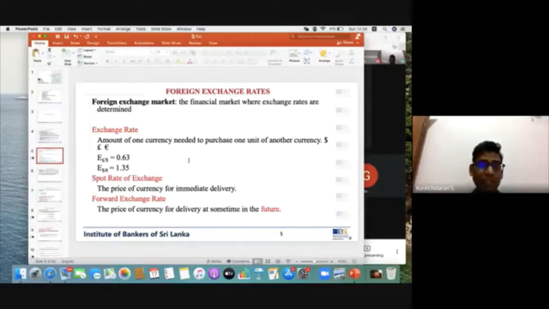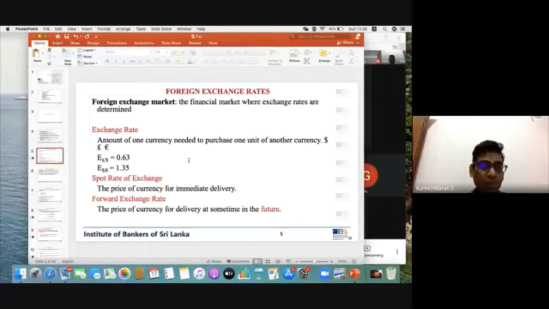It can go up, right? So you will be losing. Today maybe to buy $1 you have to pay 180 rupees, but at the end of the month you may need to pay 200 rupees. So if you buy today at 180, and a month later it is 200, then you are going to lose 20 rupees per dollar. Now you have to take a decision.